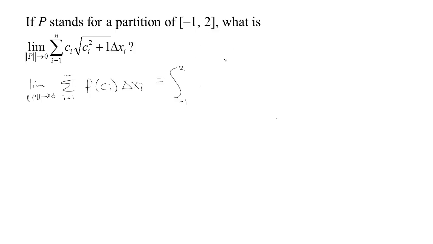So we're partitioning -1 to 2, so it's the integral from -1 to 2 of f of x dx. So by comparison here, it looks like our function f of c i is c i times the square root of c i squared plus 1. So this must be the integral from -1 to 2 of x square root of x squared plus 1 dx.